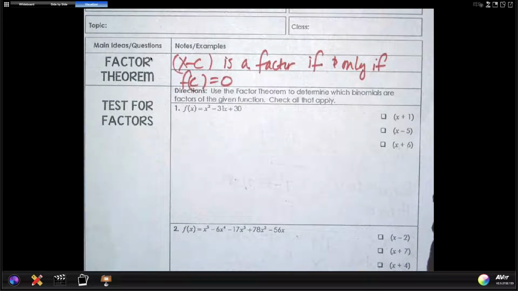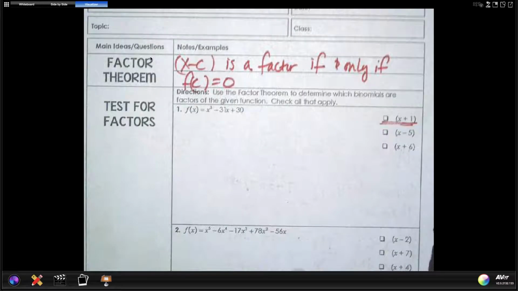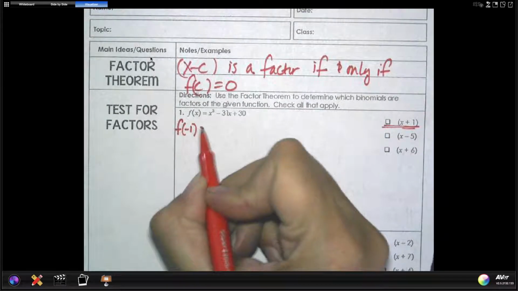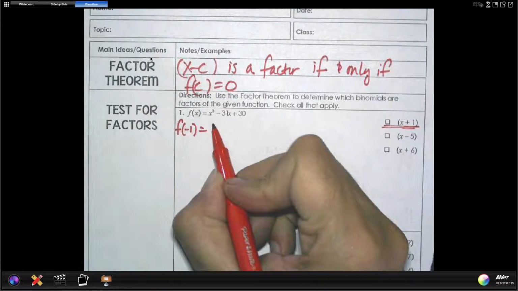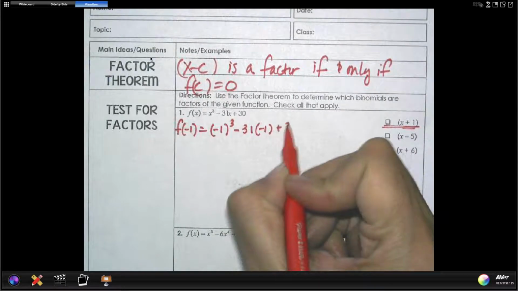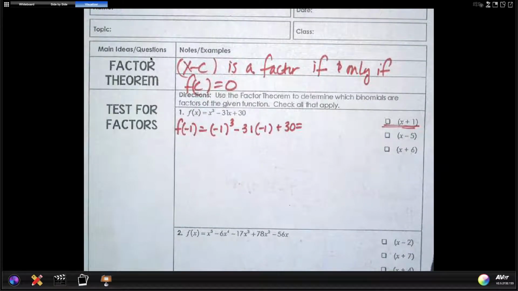All right, so let's take a look at this. Let's look at this first one here. Let's say I just use that remainder theorem and I plug in negative 1, my c. So if I plug in f of negative 1 into here, make sure you remember to use parentheses. Let's see what your answer is.